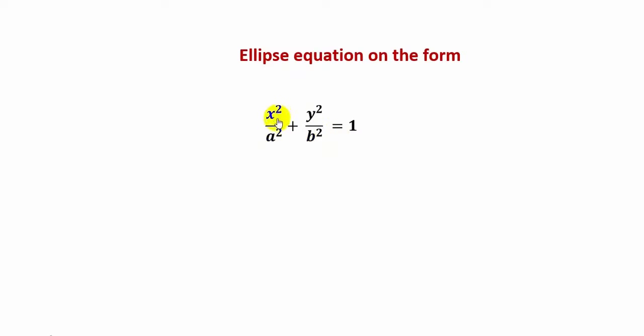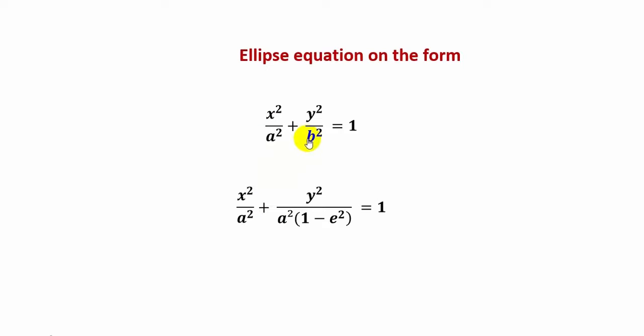That means the shape is elongated along x, the long axis. If we interchange them, so that b is here and a is here, then y will be our long axis. Now in the general form, x is our main axis.